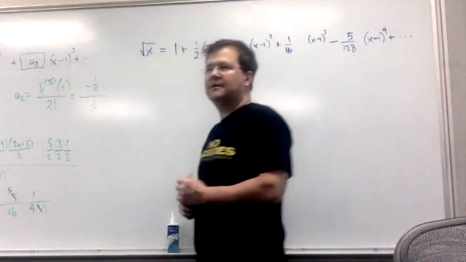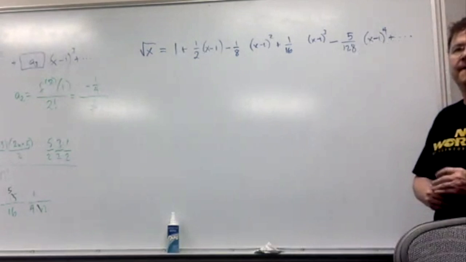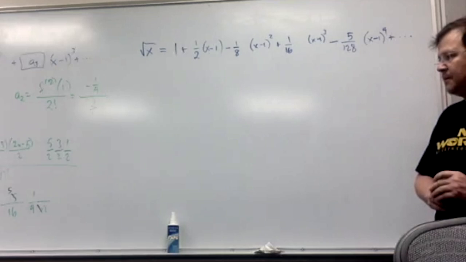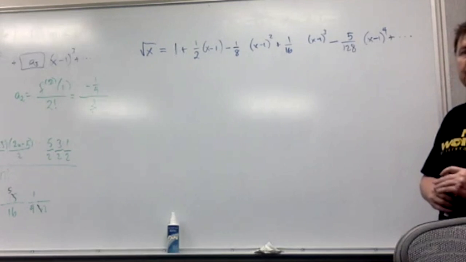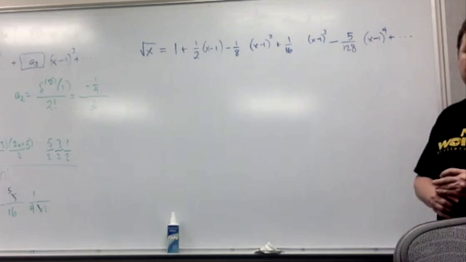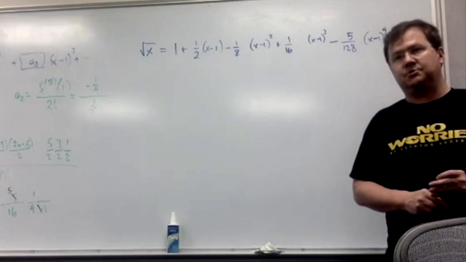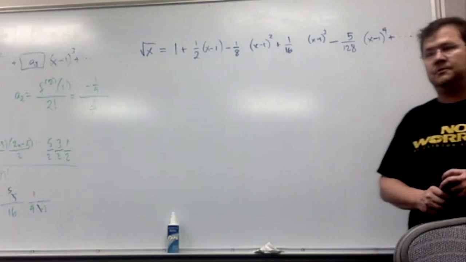Is it not 2 to the n times n factorial that is the denominator, right? Because 2 doesn't change, but n factorial isn't necessarily divisible by 2. I mean, it is necessarily divisible by 2, but it's not necessarily a power of 2. Well, no, but the factor that stays the same is the 2 to the n.